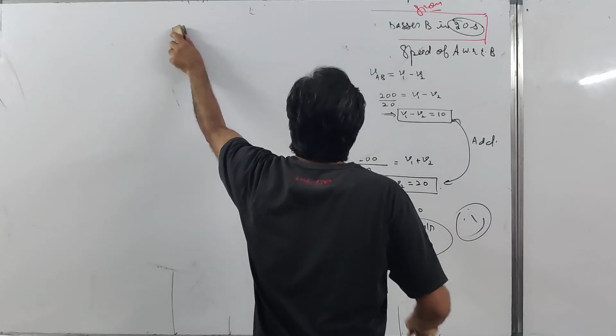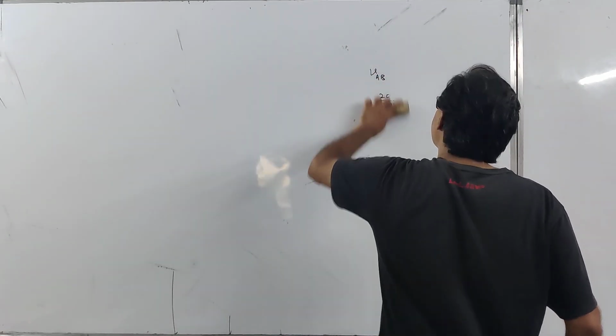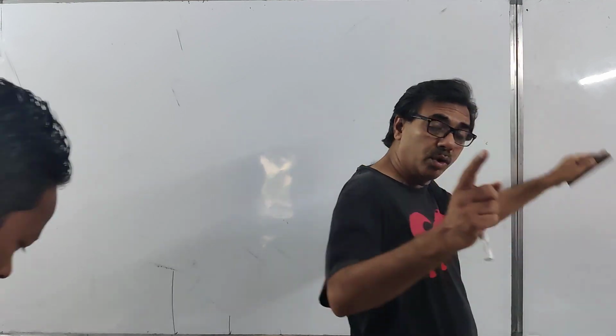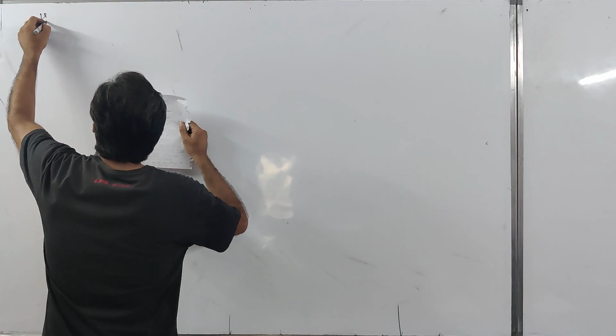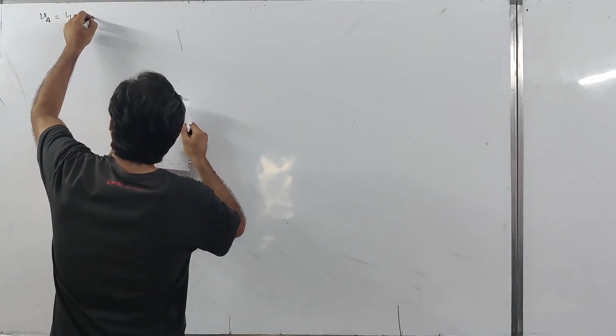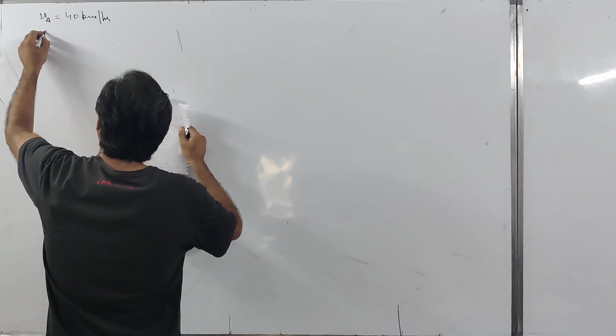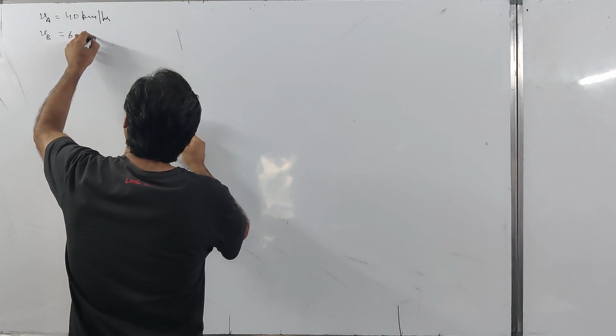The questions on relative velocity are going to help us in understanding the theory of relative velocity. Basically, you should be able to do the questions. He says that there are two objects. One has a speed of 40 kilometers per hour, and another has a speed of 60 kilometers per hour.